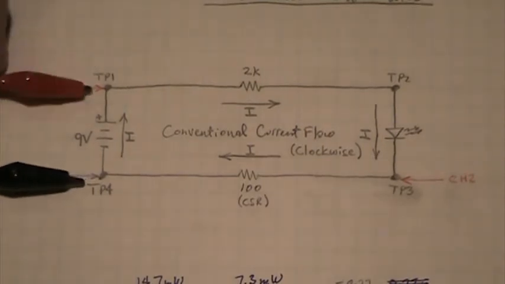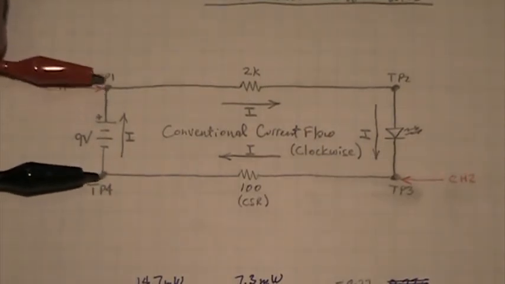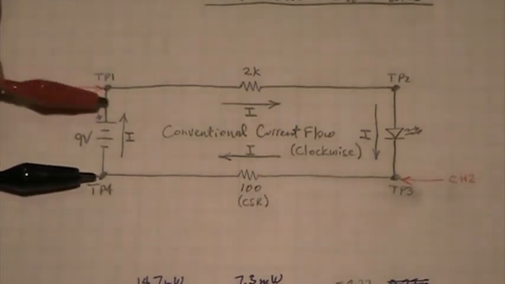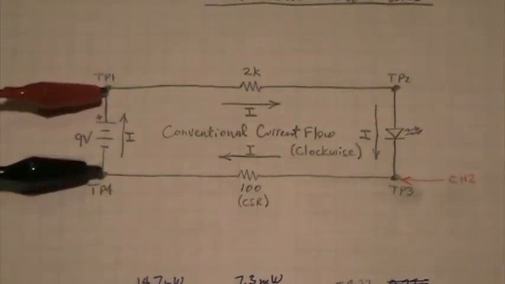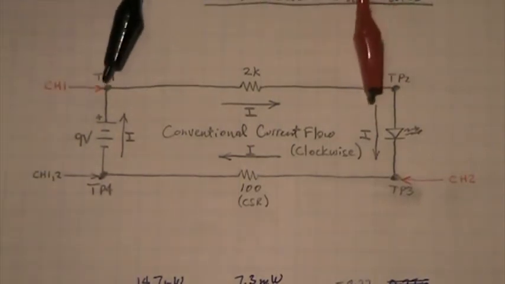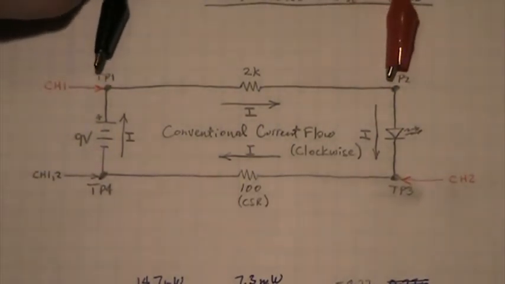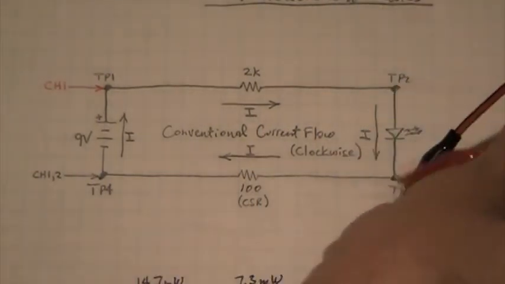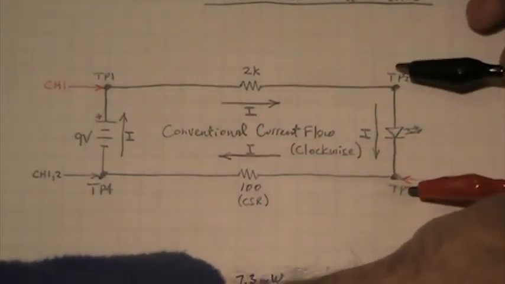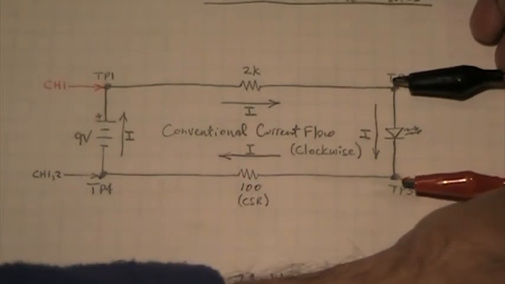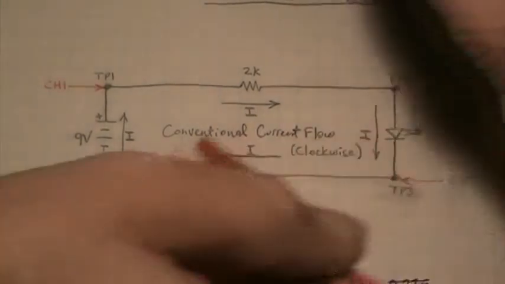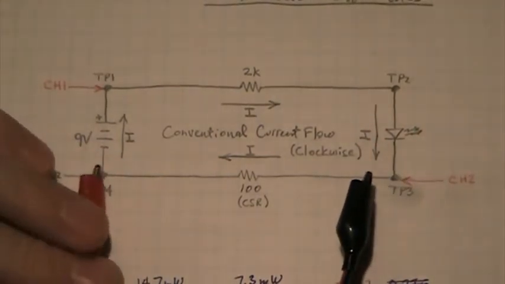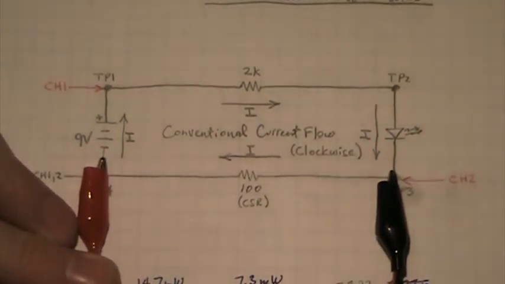We started out across the battery, like so, positive on the positive of the battery, and we moved around the circuit in the direction of the current flow, like so, to measure the 2K resistor. Then we measured the LED, like so, and then the CSR, we ended up measuring it like this.